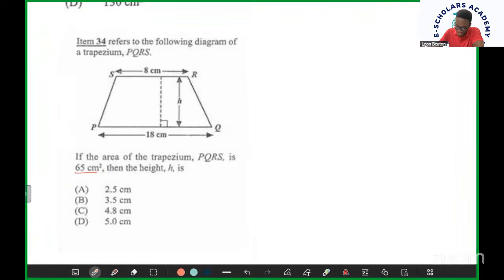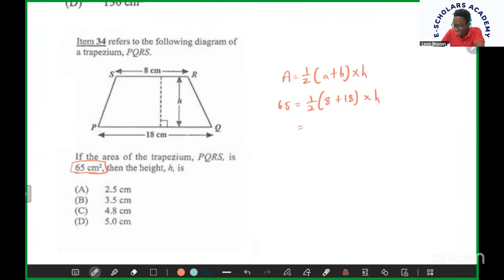All right, anyway, the area is half the sum of the parallel sides, A plus B, times the height. They told us the area is 65 cm squared. So I'll just leave the cm squared for now. 65 is equal to half the sum of the parallel sides, 8 plus 18, multiplied by the height. So we have to use some amount of algebra here. 8 and 18 is 26. Half of 26 is 13.